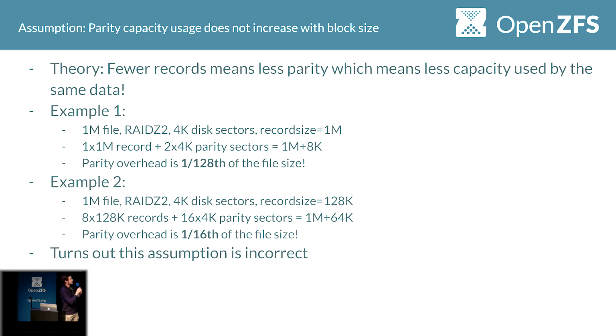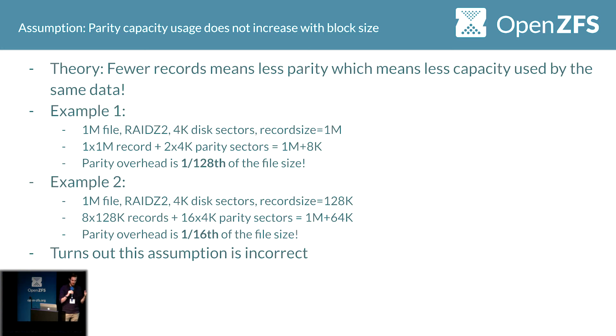So the initial theory, when the impetus was the record size setting, was that the capacity usage for parity data in a RAID-Z pool topology doesn't change as block size changes.